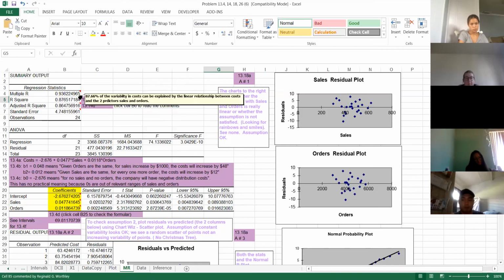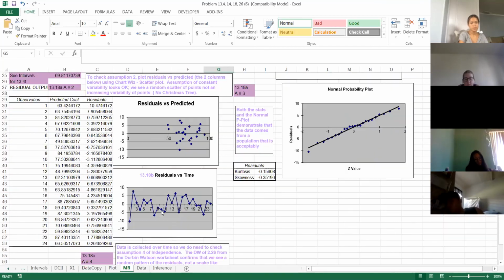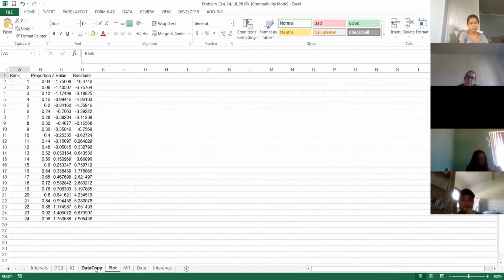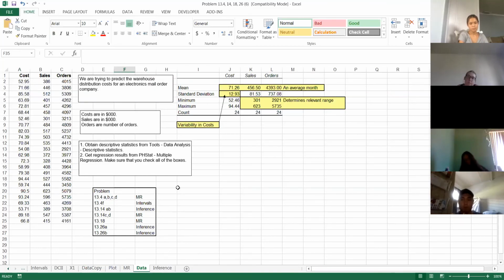R square tells us how much of the increase or decrease in one is explained by all of them. It shows us every single thing in here, what these plots mean, all of it. So if you want to understand what all these mean, it shows you.